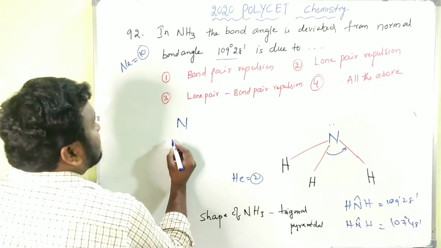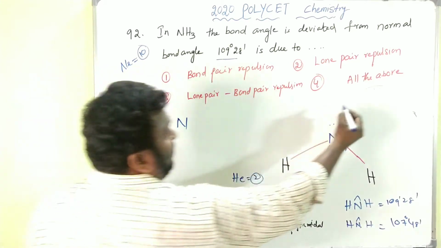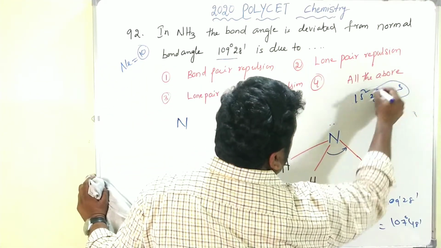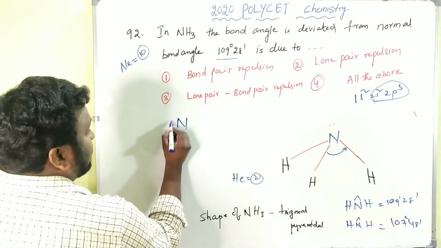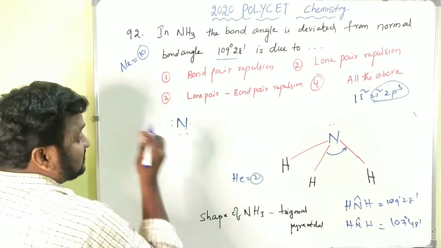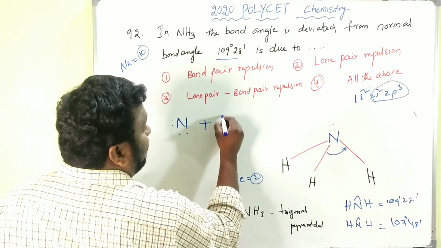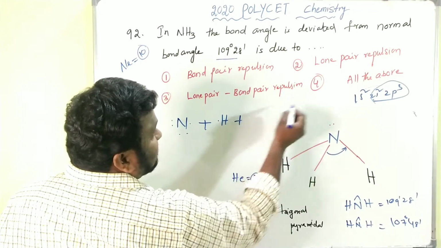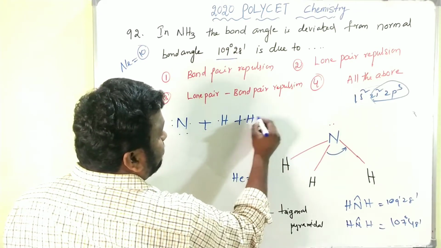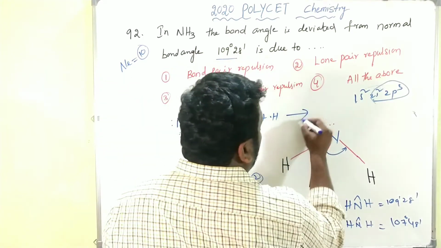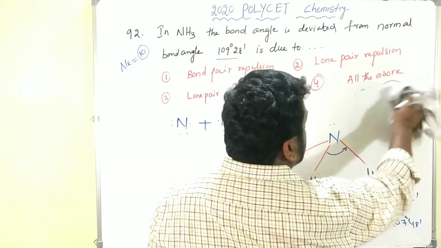How many valence electrons are there? 1s2, 2s2, 2p3, so 5. I show them like this: 1, 2, 3, 4, 5. Next, plus hydrogen, which has 1. How many hydrogens are there in NH3? 3.